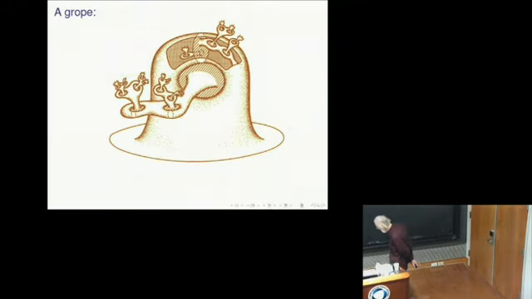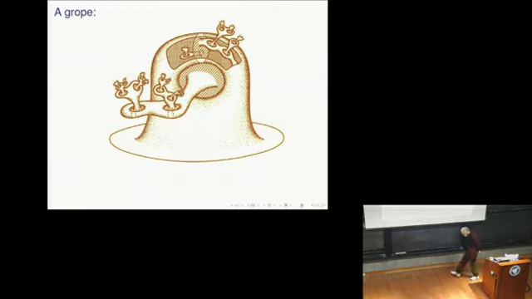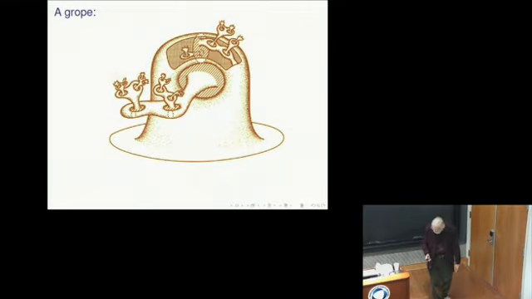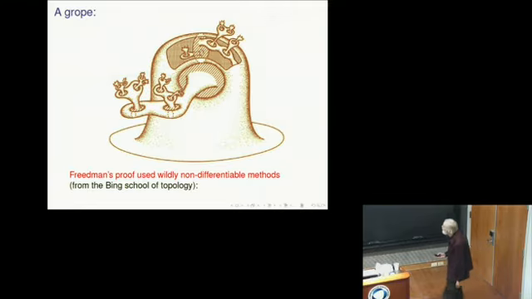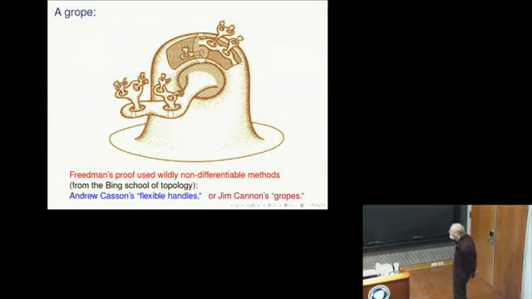This is called a grope, and was invented by Jim Cannon, and is a fundamental tool in one version of Freedman's proof. An alternative version of the proof uses the concept of Andrew Casson's handles, which are similarly wild objects.